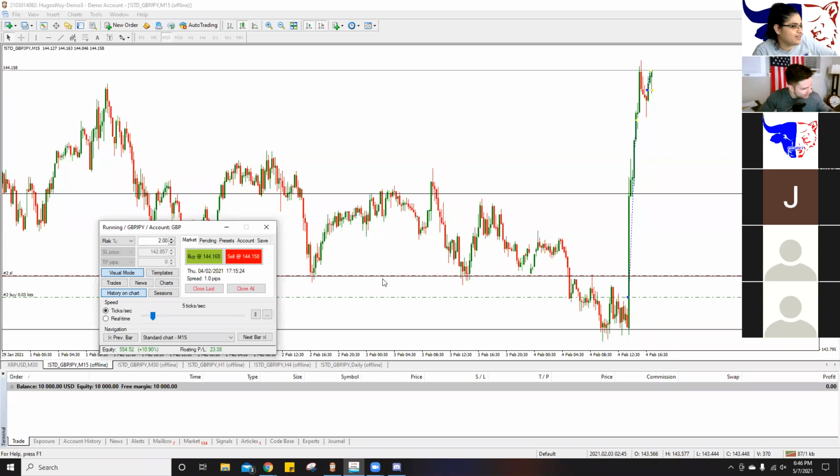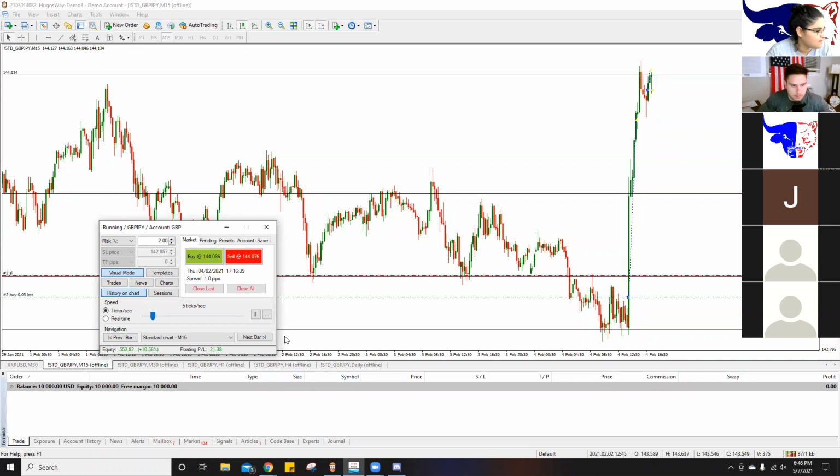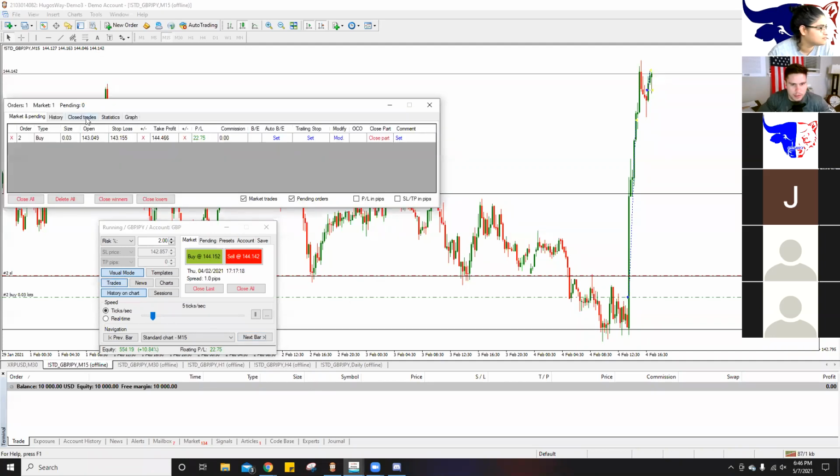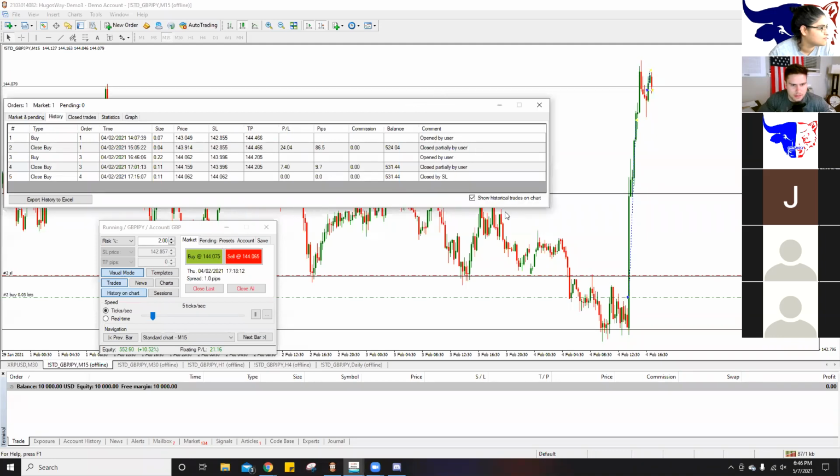All right, that was break even, but still, 1% equity increase. Yeah, I got stopped at break even. To see history, does it show you the percentage or it doesn't? Yeah, 9.7 pips secured. It doesn't give you the percentage.